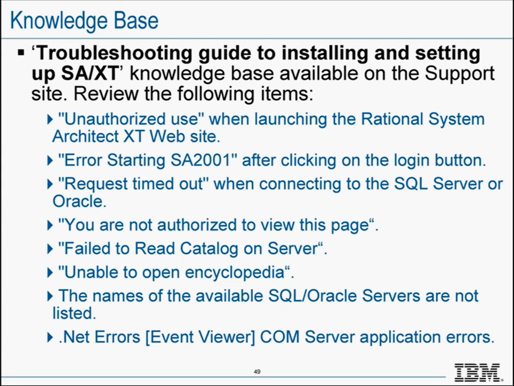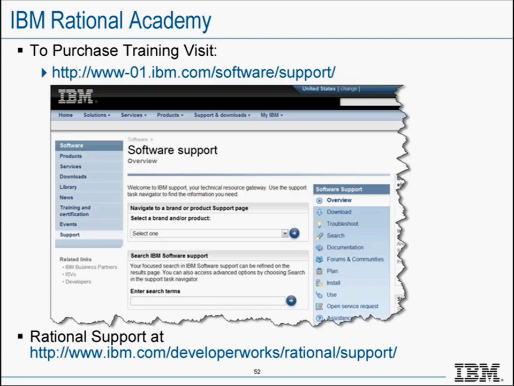So now we've covered all the basic high-level deployment environment of System Architect XT. We've tried to describe how SAXT fits into a System Architect environment, what SAXT provides, how it fits into your network and your server configuration, what clients are supported by SAXT, how they're supported by a published website for the XT client, by an SA service for the process integrator clients, what type of user roles the clients have, the requirement of an enterprise shared encyclopedia, so how you need a catalog on a database server, and how the permissions and the access need to be configured in that.